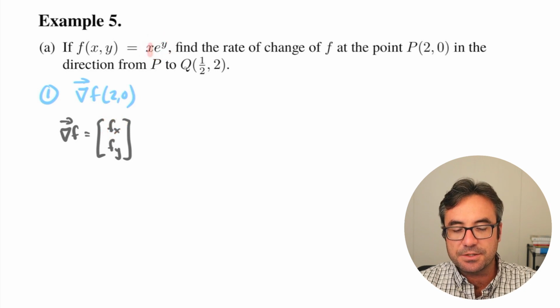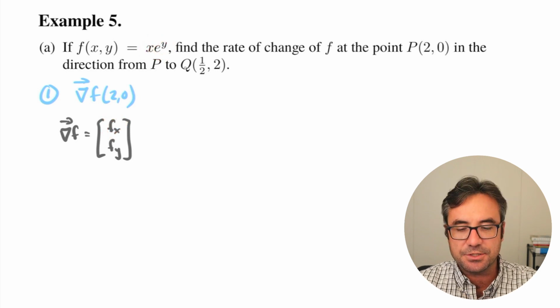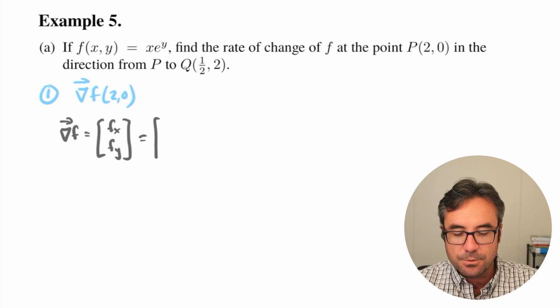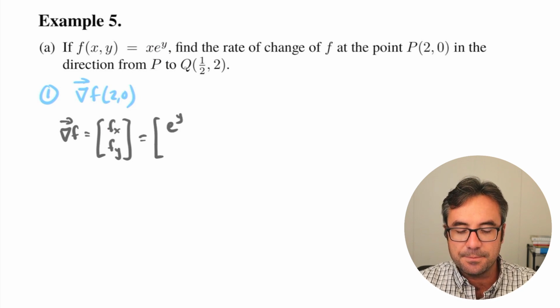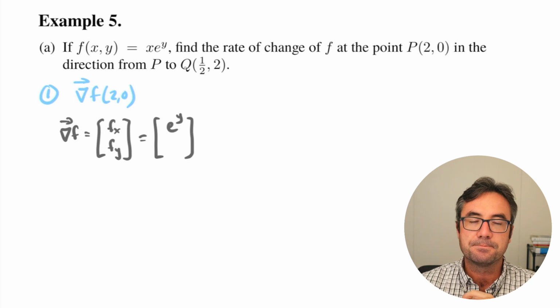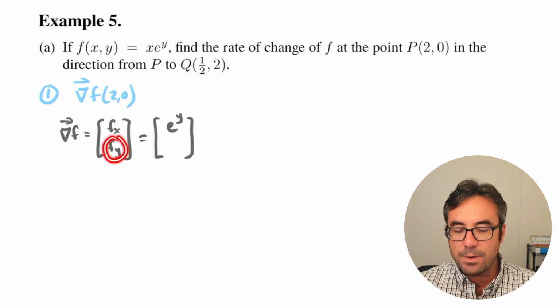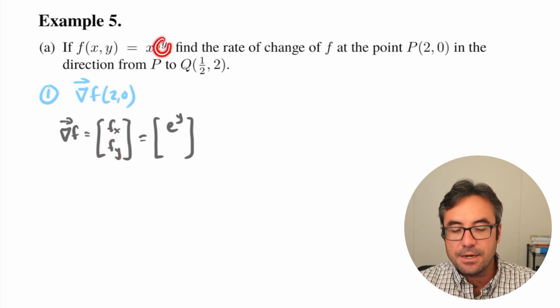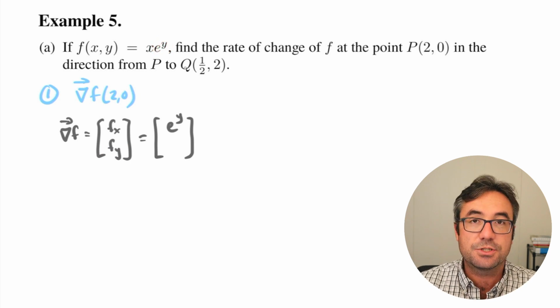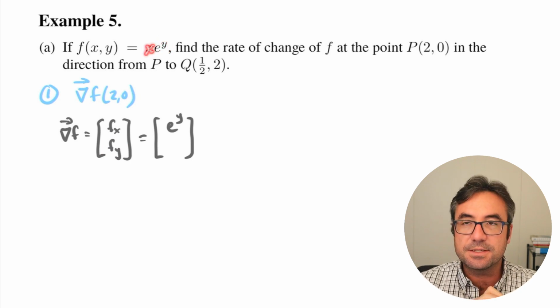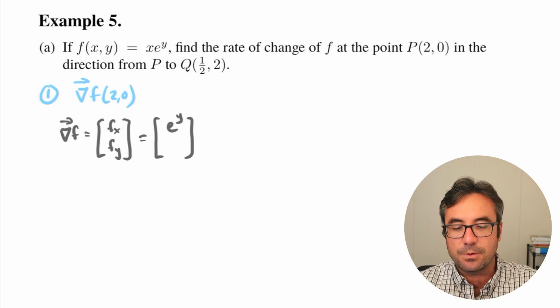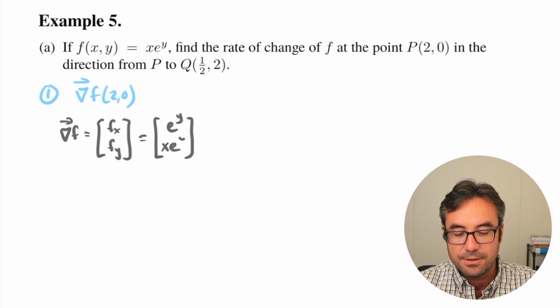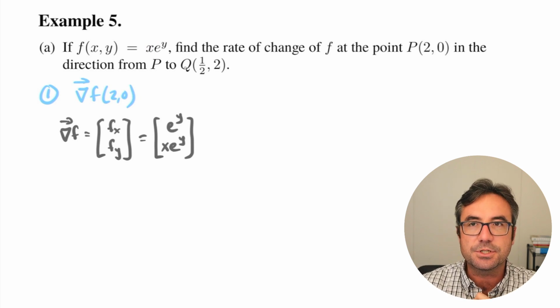So the derivative of x is 1, and then e to the y is just a constant multiple. So we're going to have e to the power y as our first component. And then for our y partial derivative, the derivative of e to the y is just e to the y, and x is a constant multiple, so it just sticks around. So our y partial derivative is actually the exact same as our function, x e to the y.